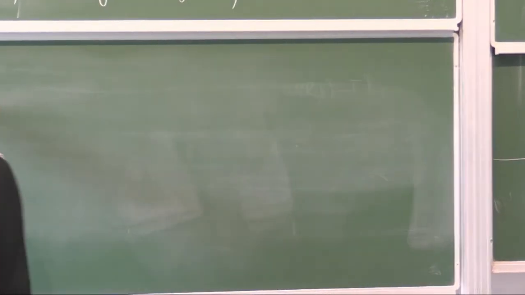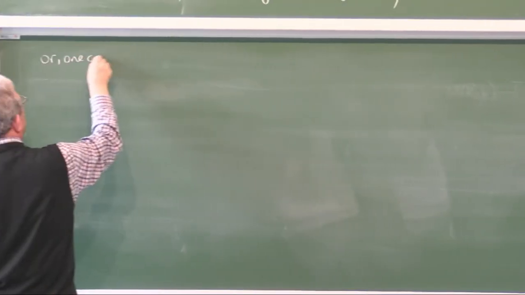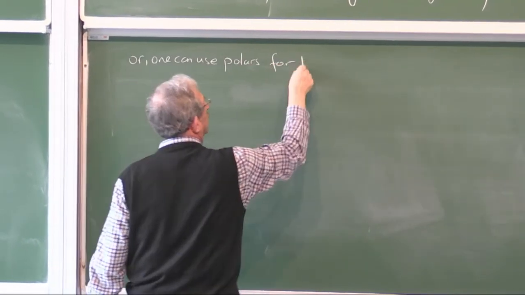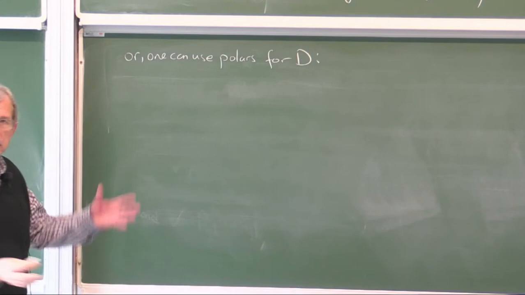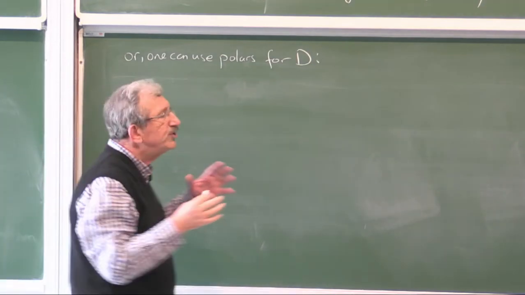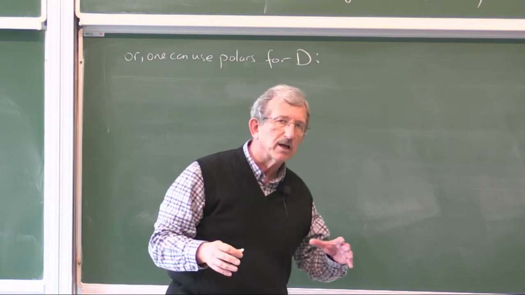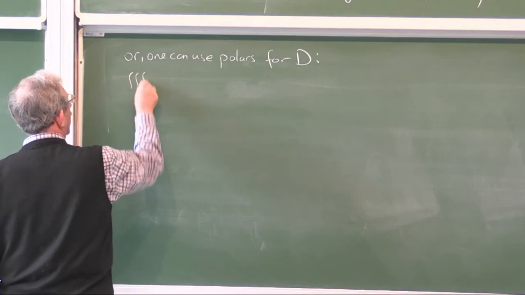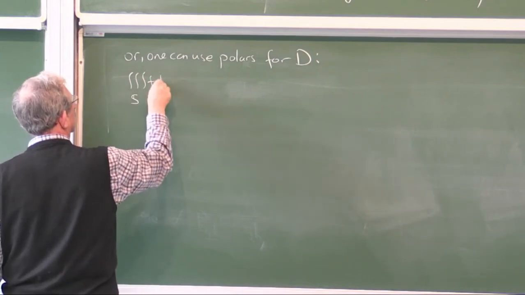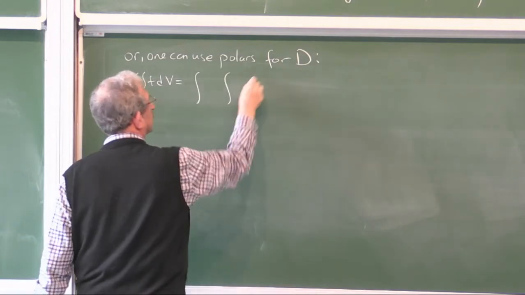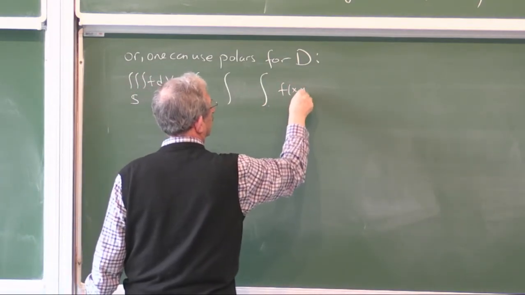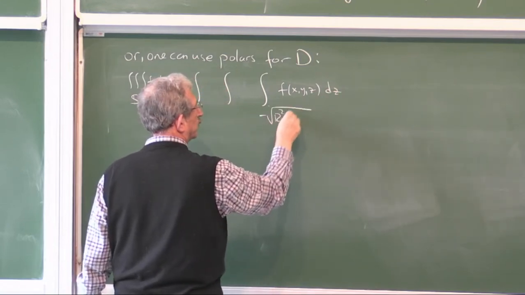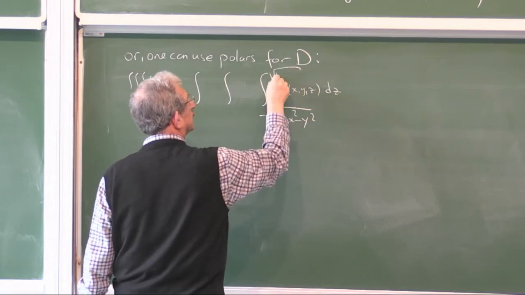Or one can use polars. Well, S is a region in space, so polars are not yet meaningful for it. So we can write this, remember, this was the negative root of r squared minus x squared minus y squared, and this was the positive root.